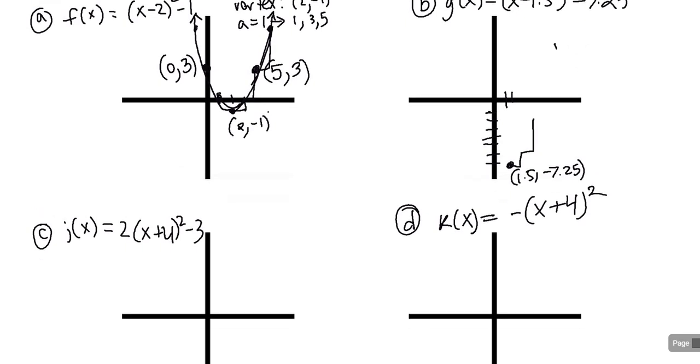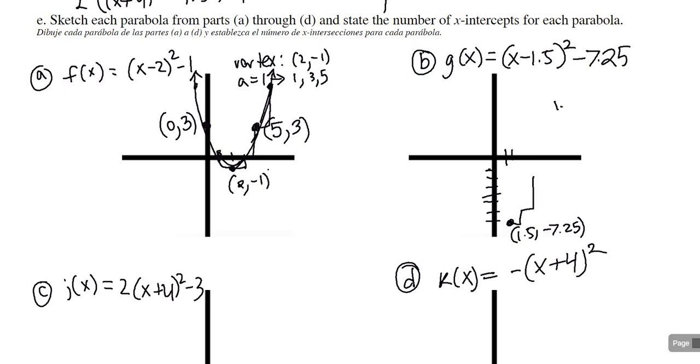The vertex is 1.5, comma, -7.25. My A is 1, so my step is 1, 3, 5.